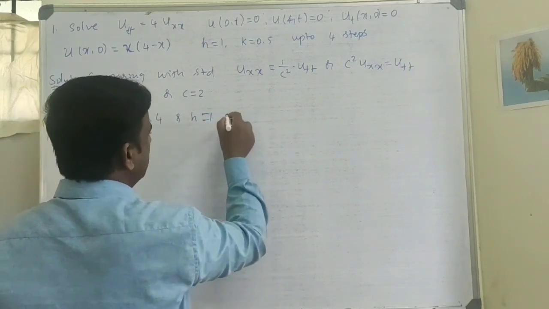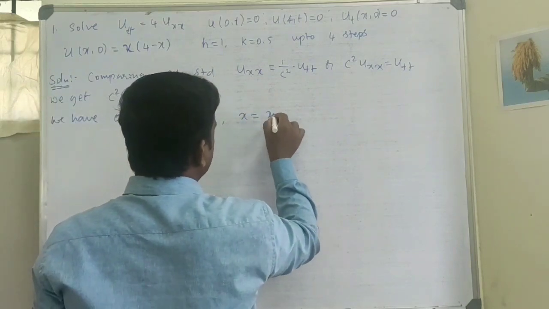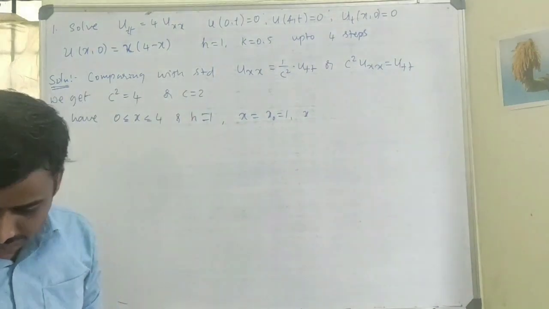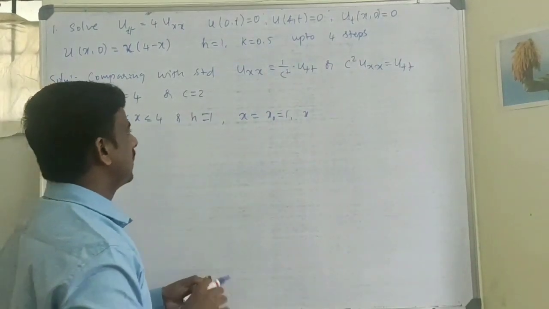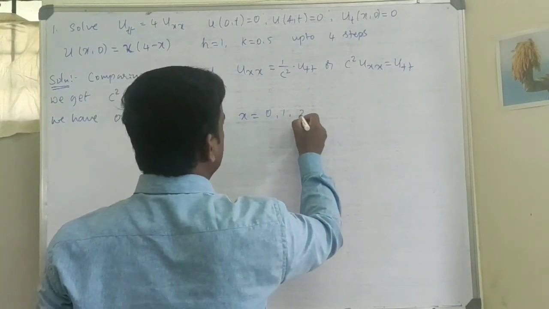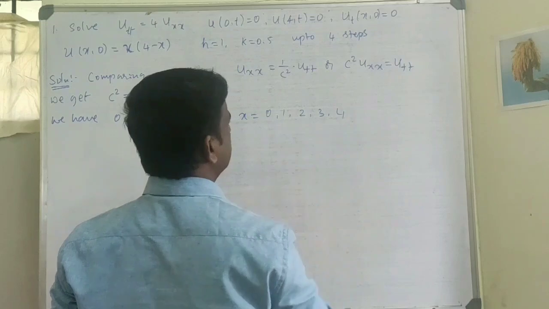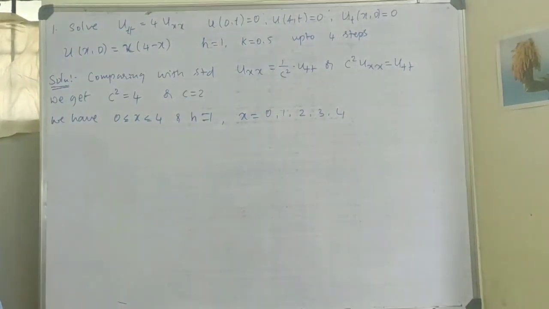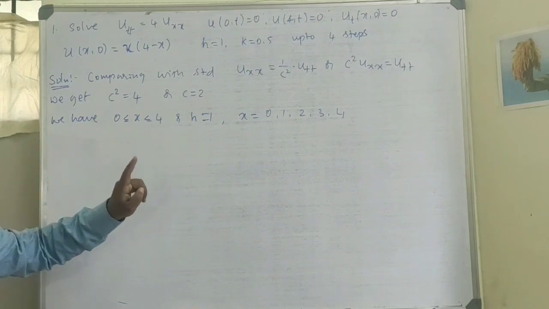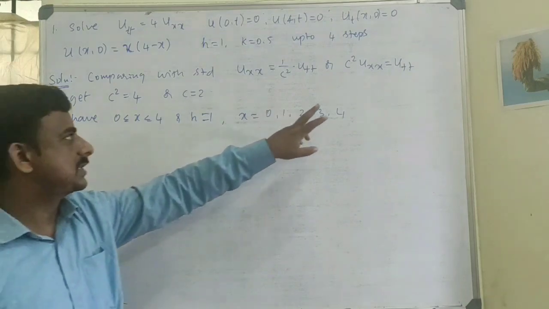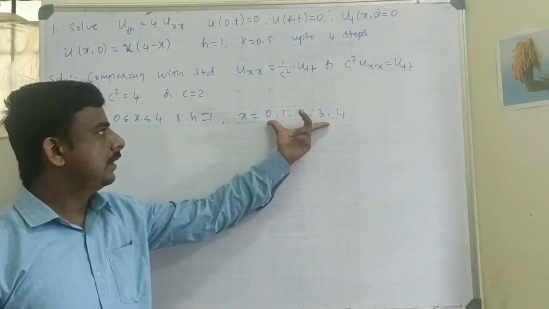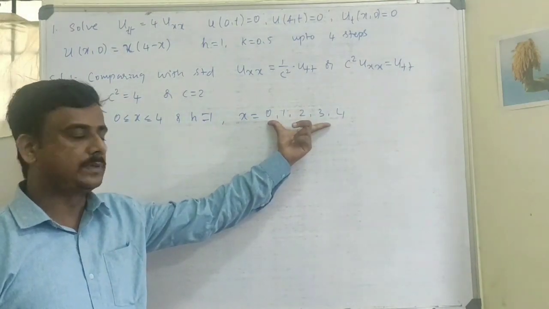So the points of subdivision are 0, 1, 2, 3, 4. You have to go up to x_n = x_0 + nh. So 4 steps means you have to go up to 4, and totally it will be n plus 1 terms, 5 terms.